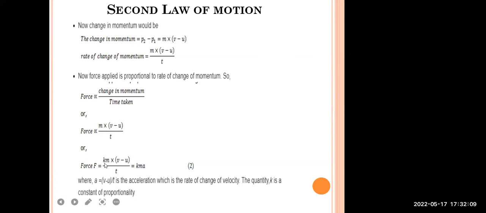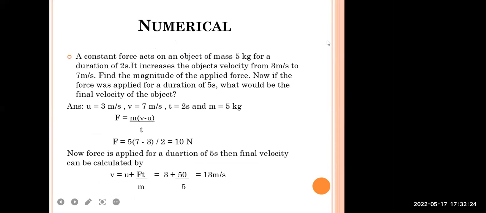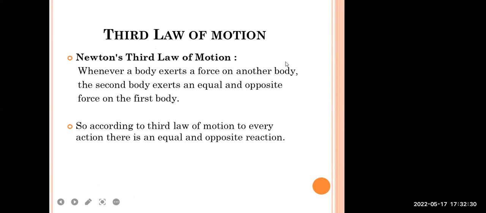We have kept a proportionality constant k, and (v minus u) upon t is nothing but acceleration, the rate of change of velocity. So kma, that is, force is equal to ma. Then we saw one numerical. I already explained it to you.